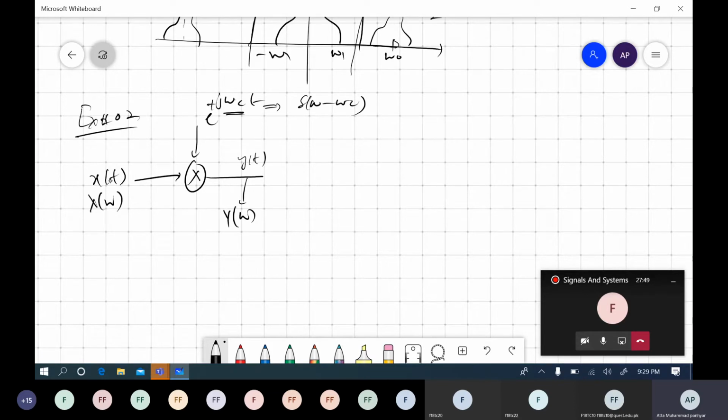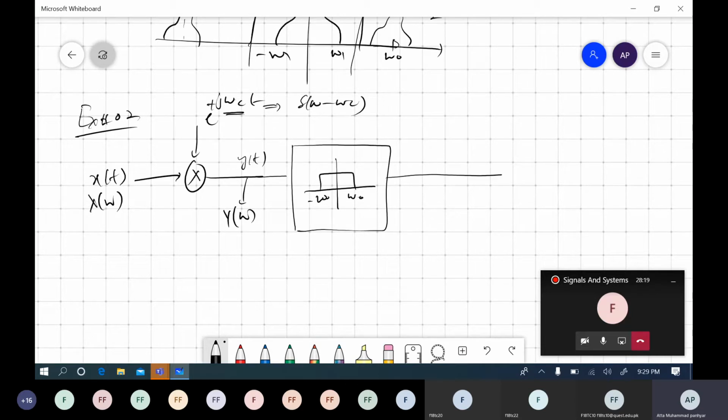In the time domain, this signal is called x of t. In the frequency domain, x of omega. The representation may be changed, but the information contained in both signals is the same, right? So after y of t, we want to pass it through a low pass filter from minus omega naught to omega naught. Its value is 1. It's a rectangular function, right?